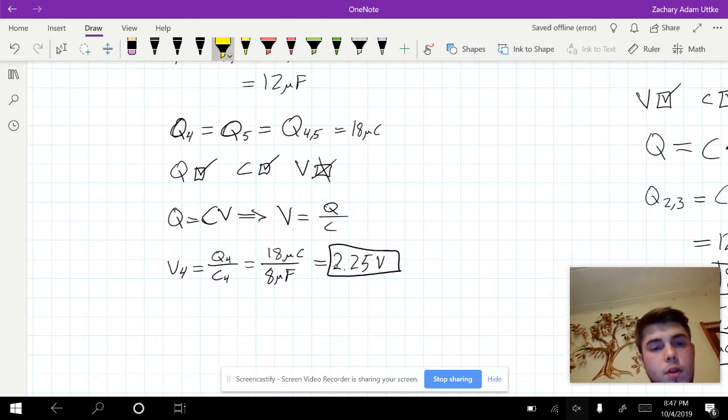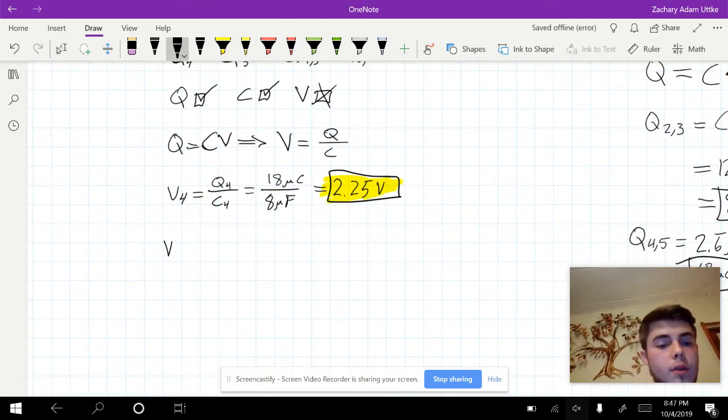Okay, so now this is something that we need. And let's do the same thing with the fifth capacitor. Q5 divided by C5.